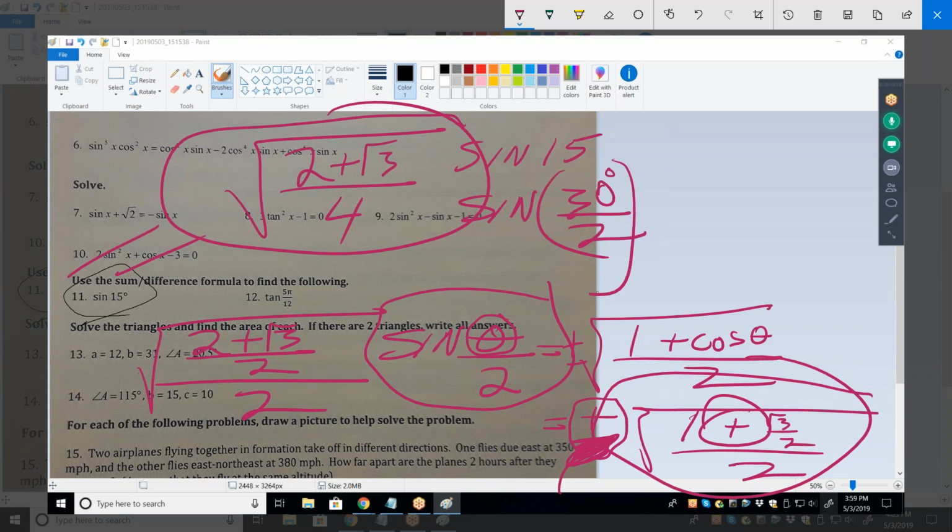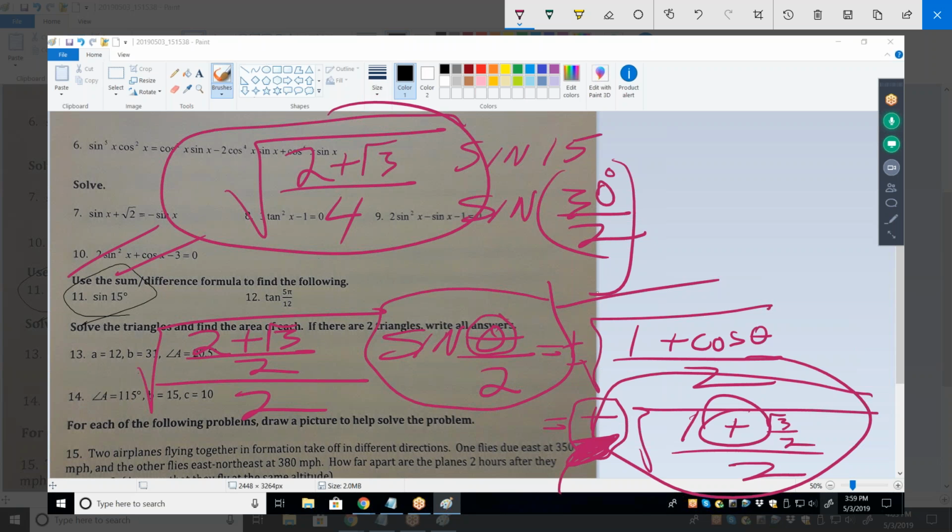And you may not be able to on a test, but this gives you a good idea of what you need to memorize. In other words, this is one of them you need to memorize, that half angle formula. I presume that when you take your test, they don't give you these identities? They don't give you a separate page? No, I don't believe they will. Okay. Then you got to memorize them.